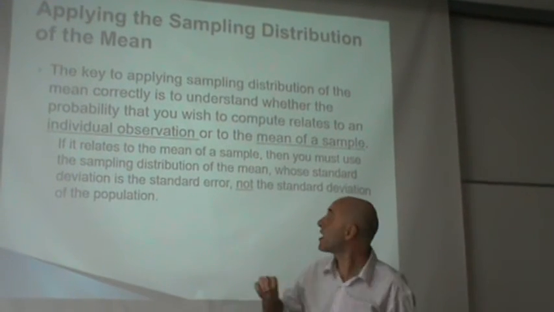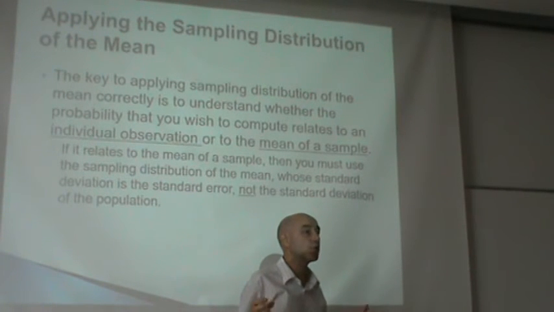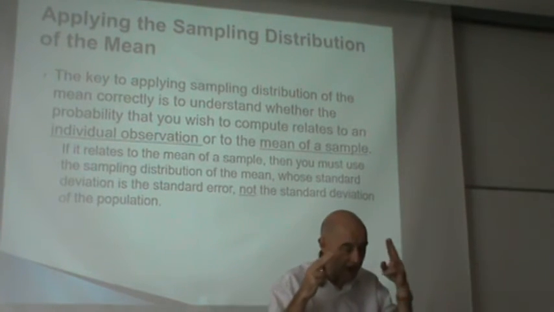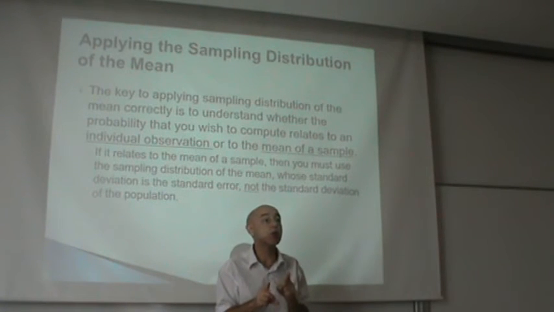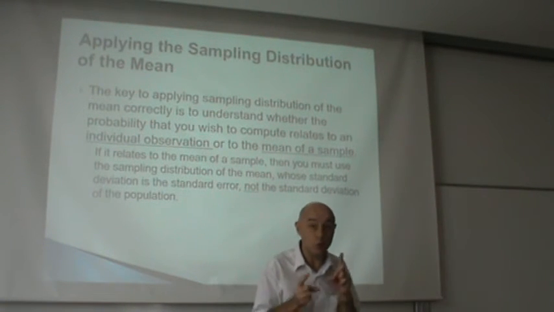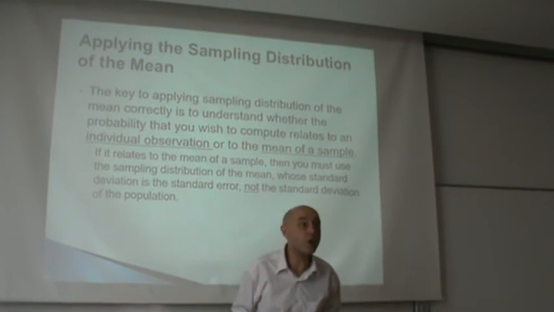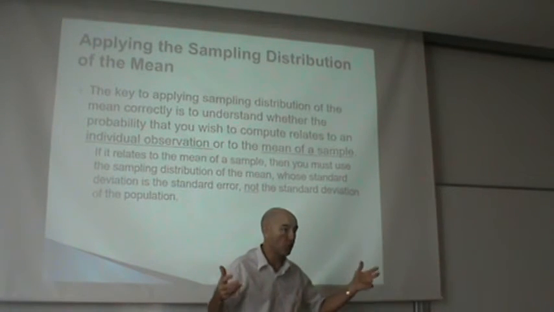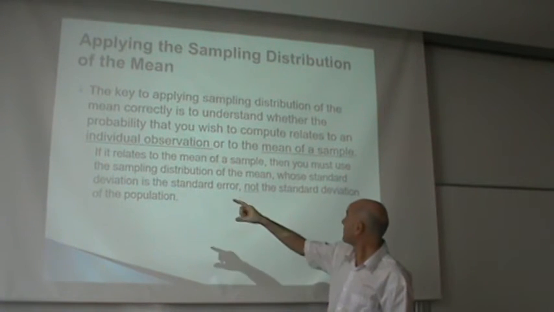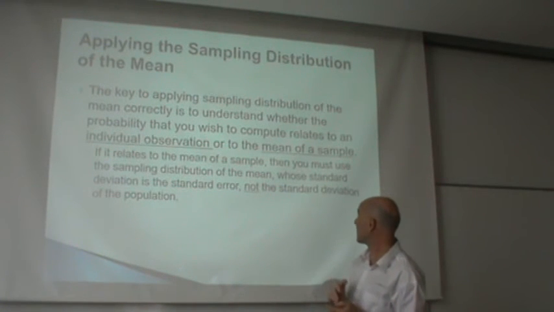One of the things they're telling you here is that when you're making a calculation, you need to be careful. Are you making a calculation about one particular observation, one particular individual, or about the mean of a distribution? So, is it about an individual observation or the mean of a sample?